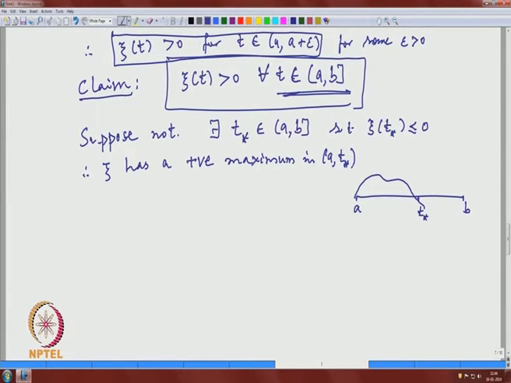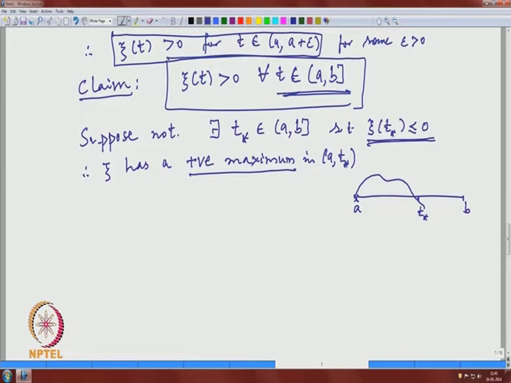And we want to rule out this a. T star is already ruled out because J T star is less than or equal to 0, so it cannot be a positive maximum. So, we want to rule out this positive maximum at a. So, how to do that?